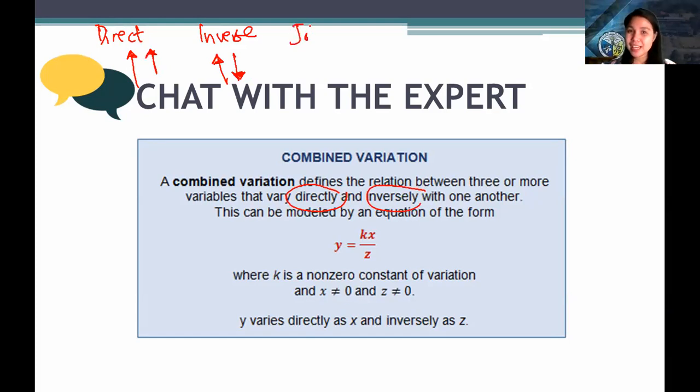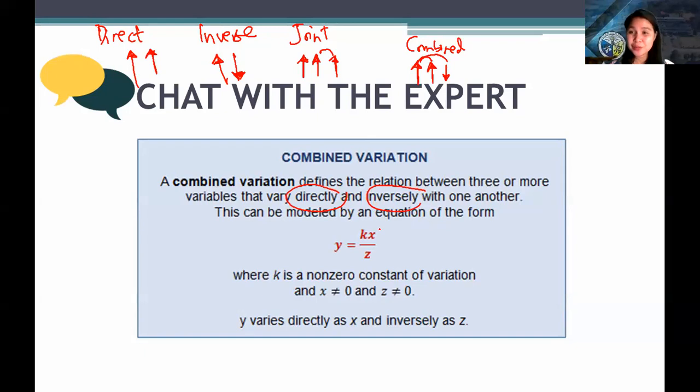In joint variation, if one variable increases as the other increases, then the other will also increase. It's a combination of two or more direct variations. Now in combined, if one variable increases, then the other variable will also increase. But there's a possibility that with reference to another variable, it will also decrease.